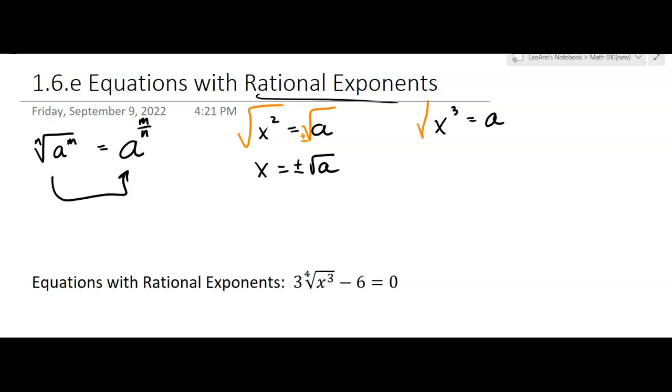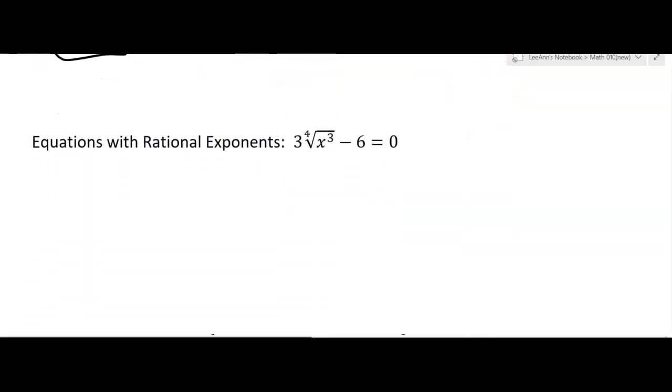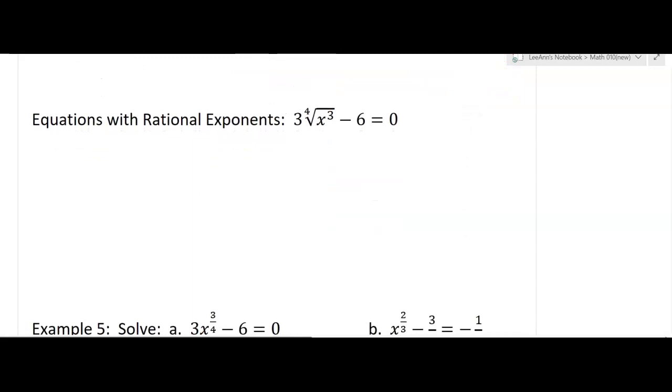So here's the cubed root of that side and the cubed root of that side. But you don't need the plus or minus. You only need the plus or minus if it's an even power. So here you would just have x equals the cubed root of a. The reason is that it could be positive or negative, but you'll know by whatever a is.